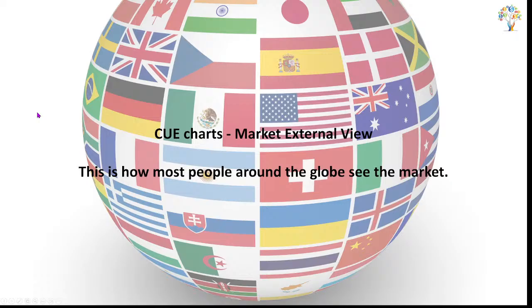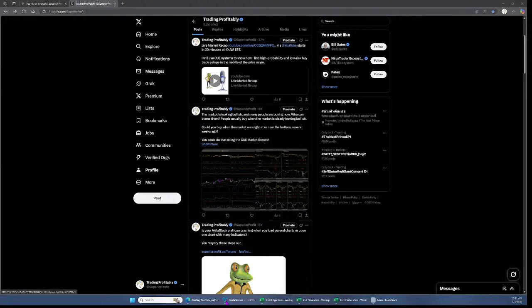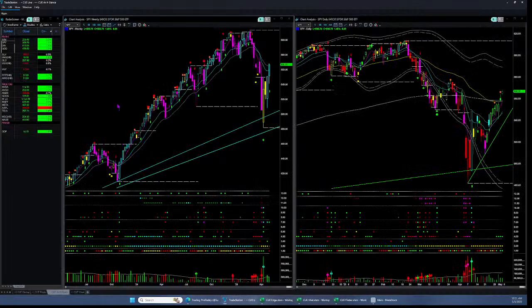External view of the market. This is how most people around the globe see the market. SPY, looking back, and these trend lines work beautifully. Trend line support in SPY worked beautifully in weekly and daily both.